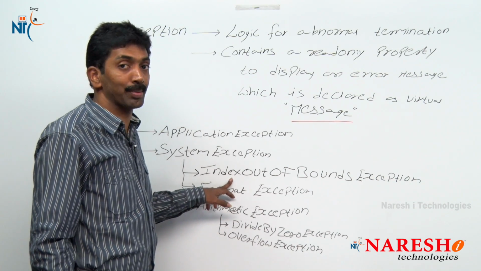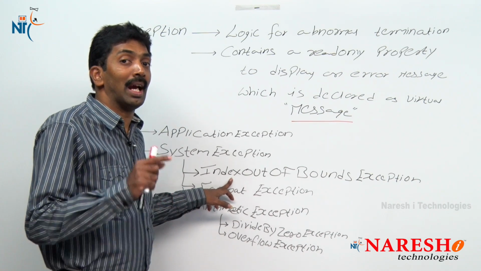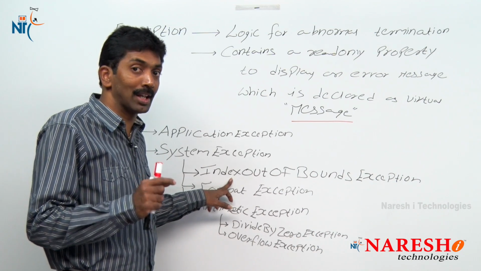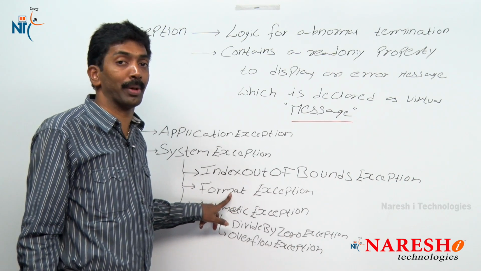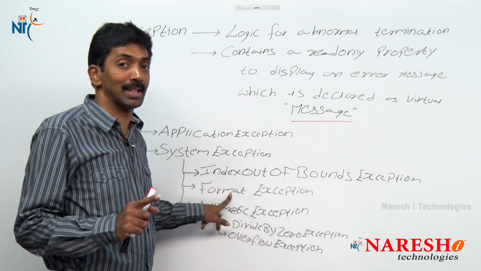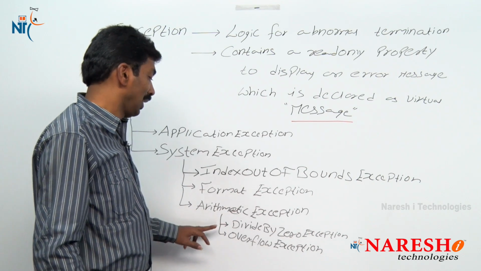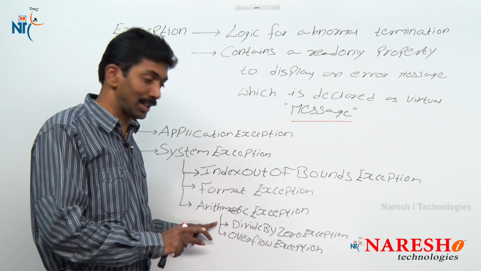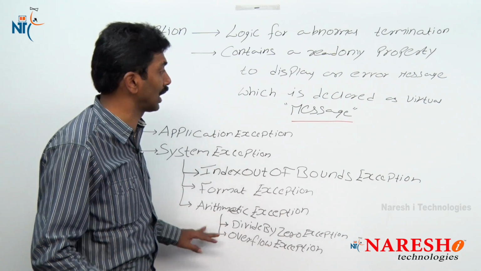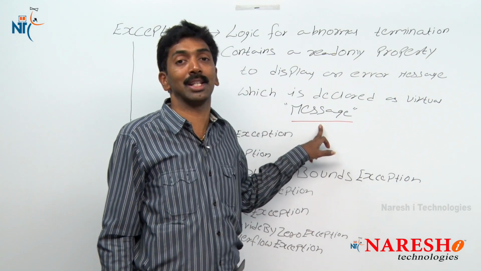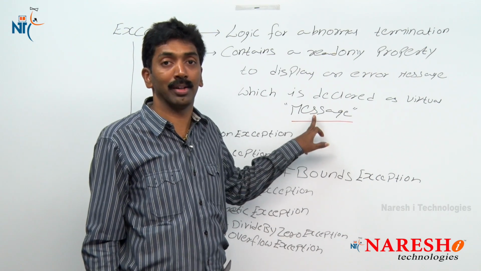Index out of bounds exception is overriding the property and defining an error message according to its requirement. Format exception is overriding the property and defining the error message according to its requirement. In the same way, divide by zero is also doing the same thing. Overflow exception is also doing the same thing. So all of these classes will override the message property according to their requirement.